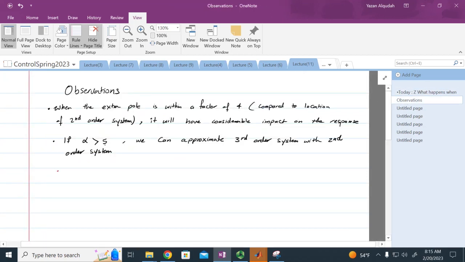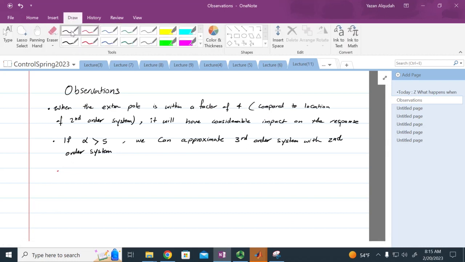So a third observation, the extra pole increases the rise time. Sounds good, everybody?